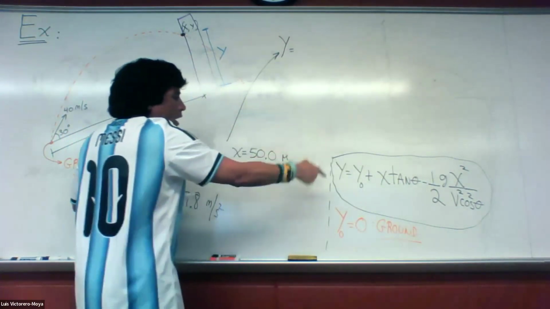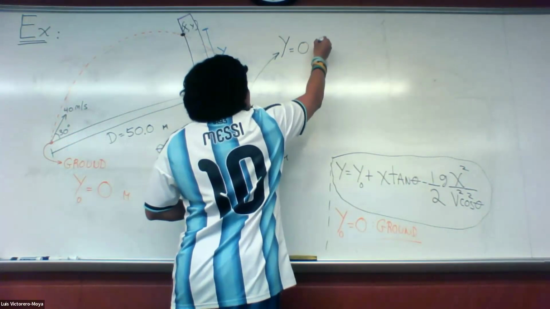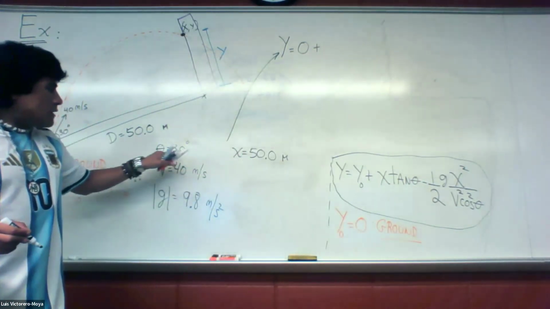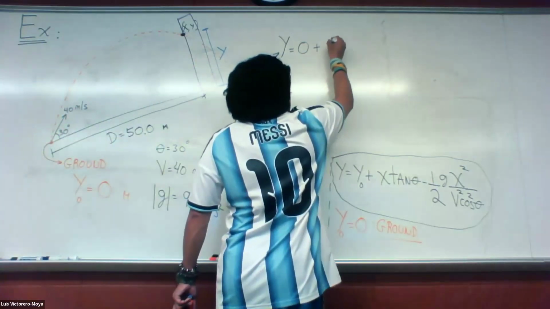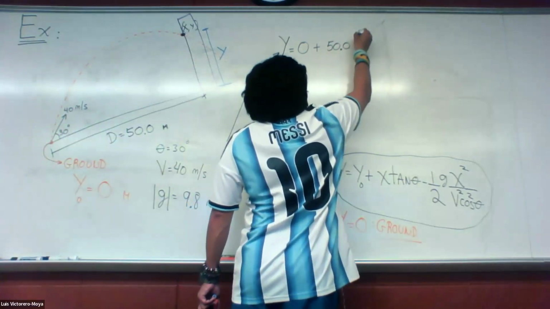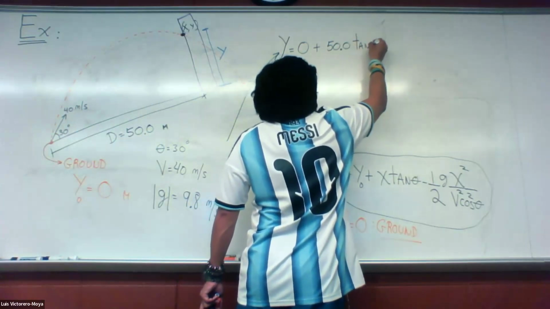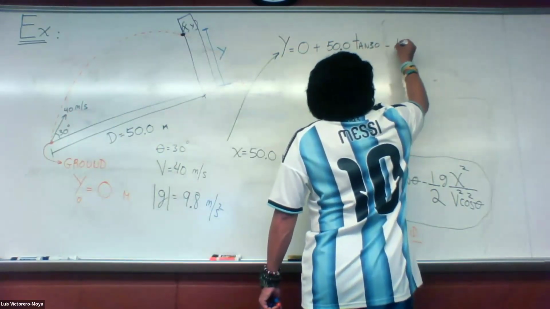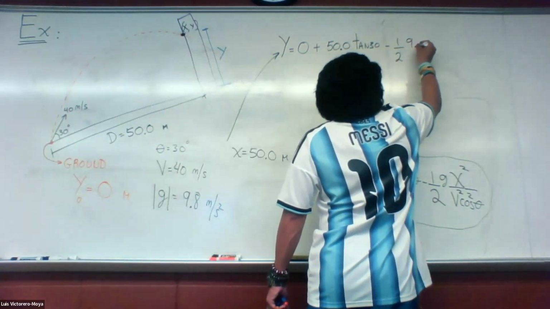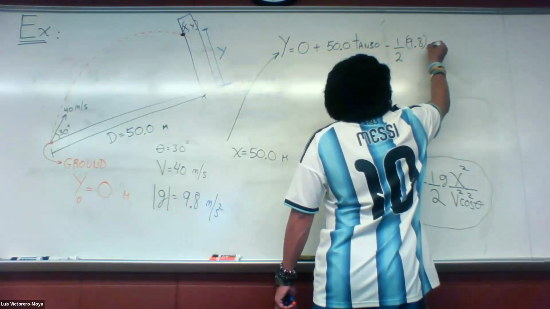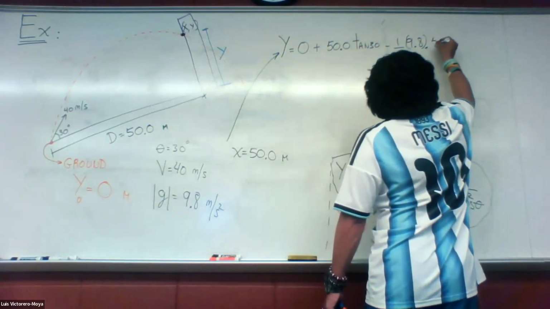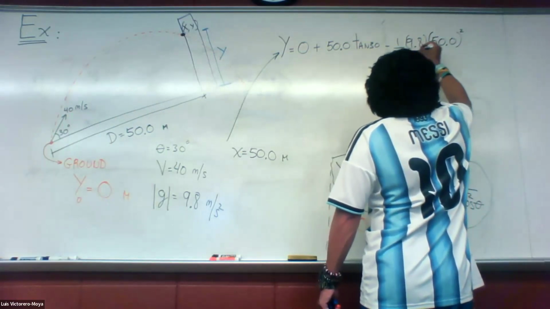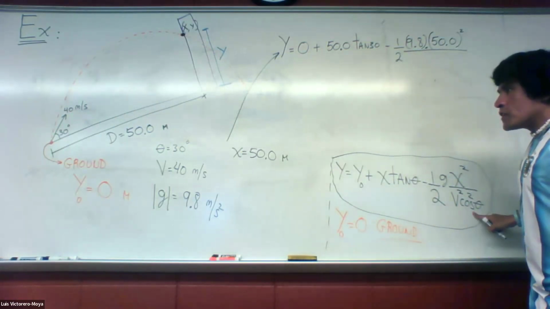y is y initial, which is 0, plus x tangent of theta, 50 tangent of 30, minus 1/2 times 9.8 times 50 squared, divided by v squared cosine squared of theta.